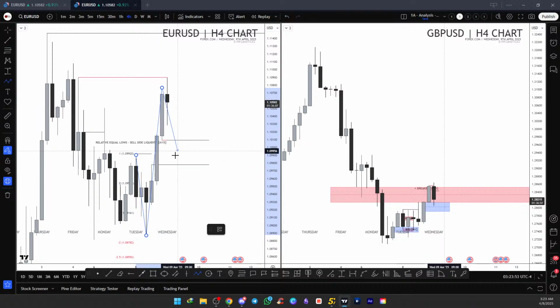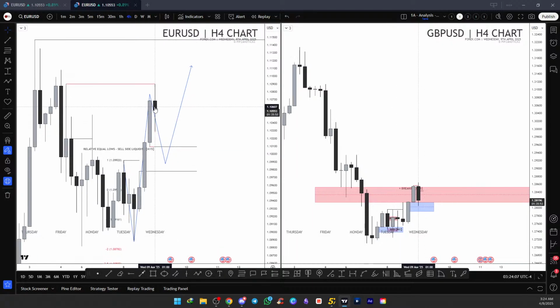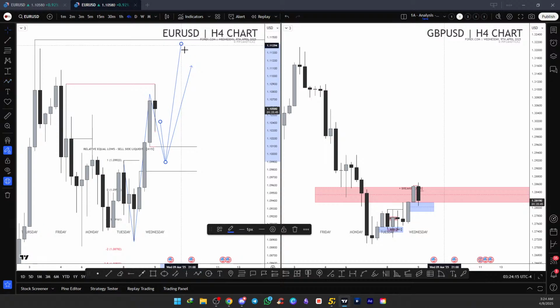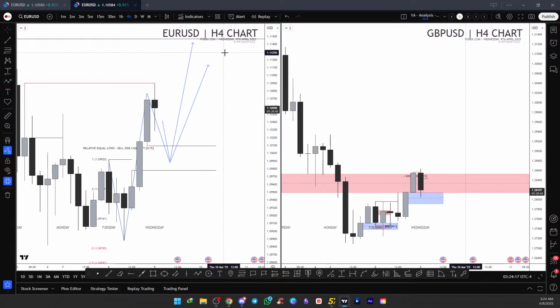So price could ideally tap into this and then move up higher. The right thing to expect right now is a short-term retracement to this BISI here. So price could consolidate in this 4-hour candle, and then in the next 4-hour candle we can see price tapping into this FVG, creating a low for the 4-hour candle, and then it can go up higher in the NYKZ.